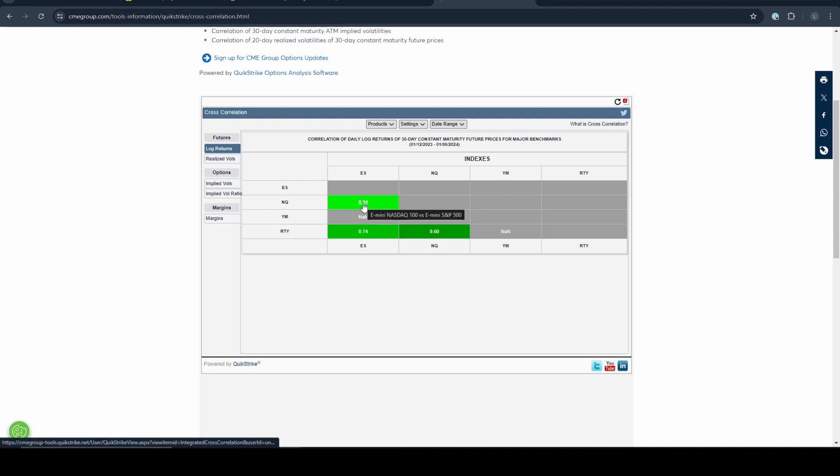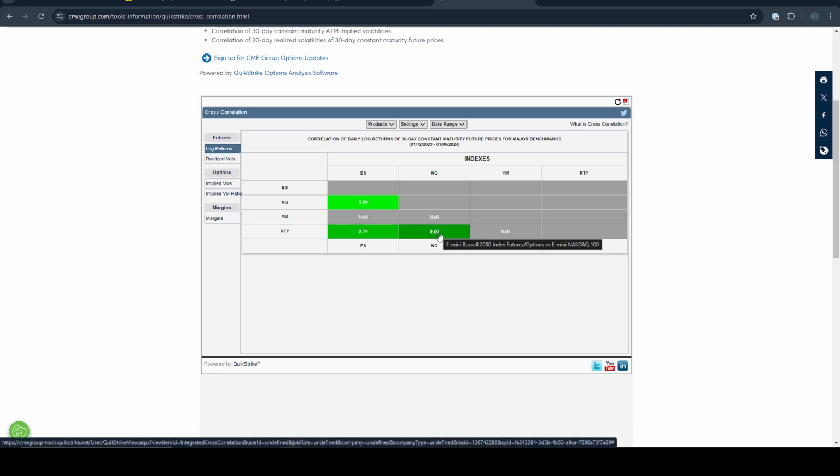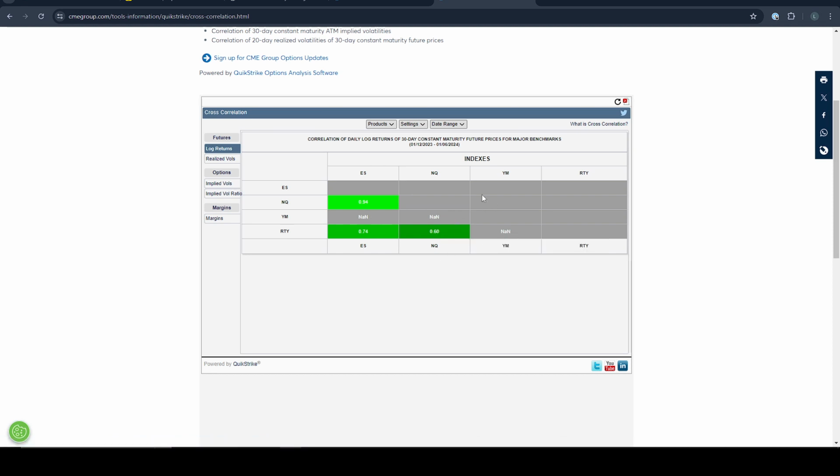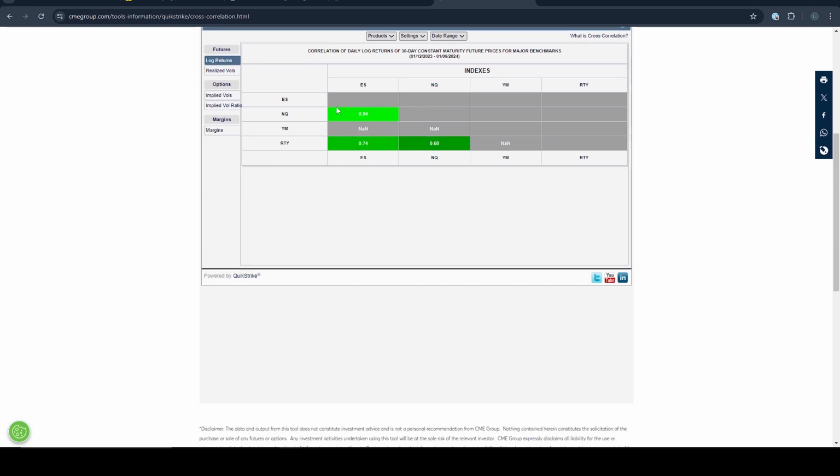So this is the correlation between ES and NQ. This is the correlation between ES and the Russell, and this is the correlation again here with the Russell and NQ. Okay, so this is over the last 30 days. Again, a nice positive correlation. So they're important.